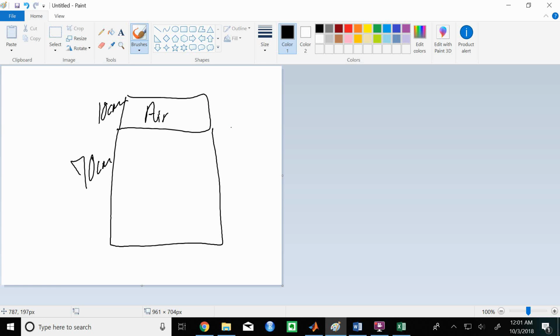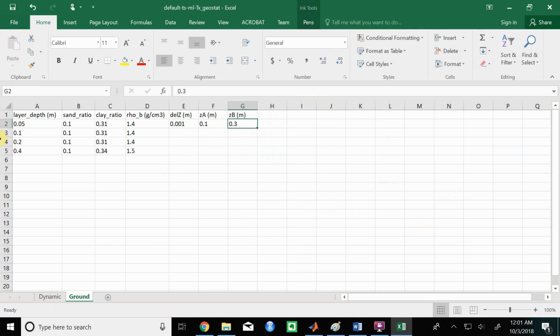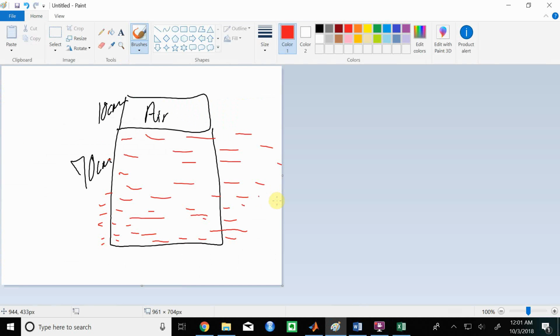All right, and the layer discretization will calculate the effective dielectric every 1 millimeter all the way up this soil moisture profile. And it does that by calculating the dielectric based on some function fits that are defined in the GUI window.